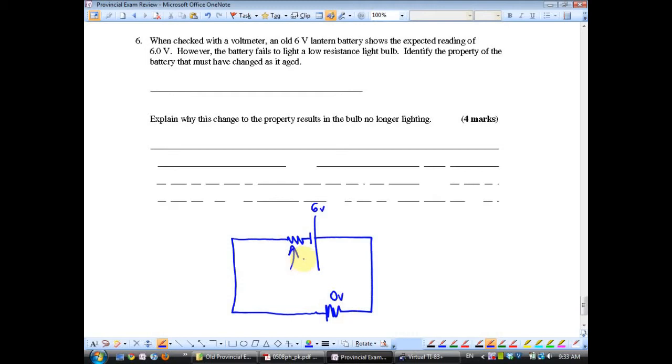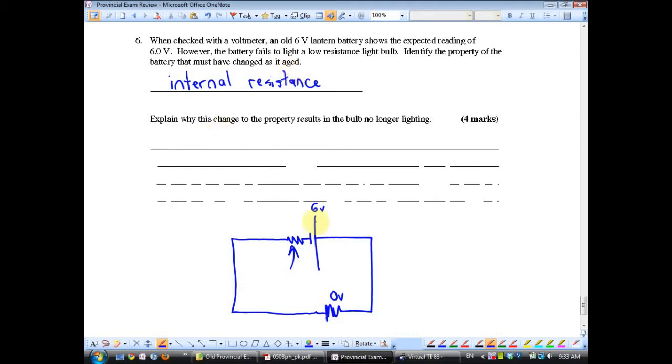Right there. You know what must have changed? The internal resistance. I'm guessing some of the chemicals inside the battery have corroded or rusted, and so now the current can't travel through the battery unimpeded anymore.